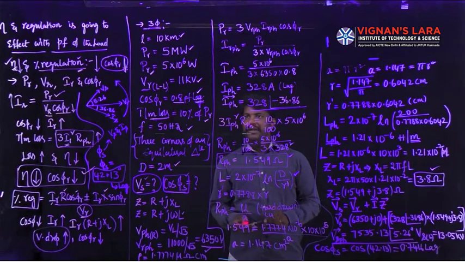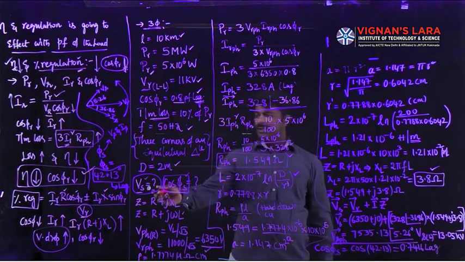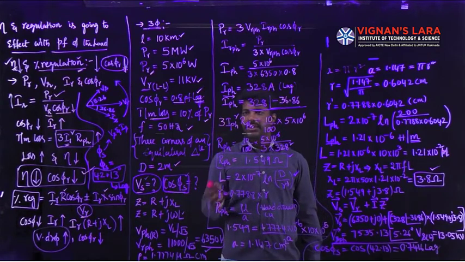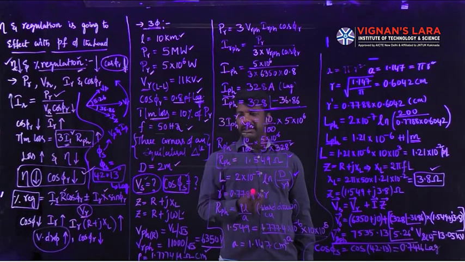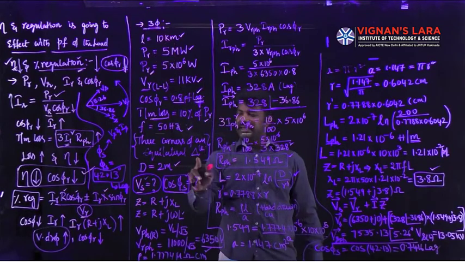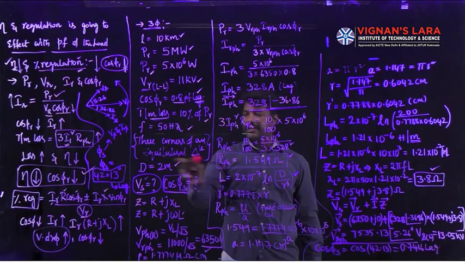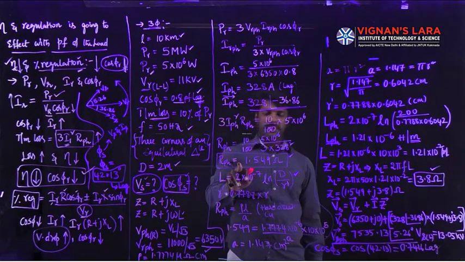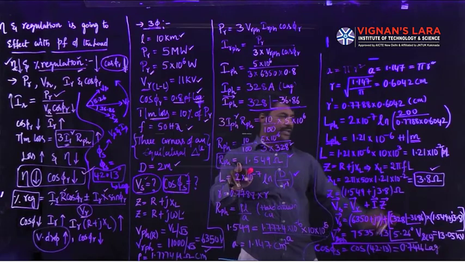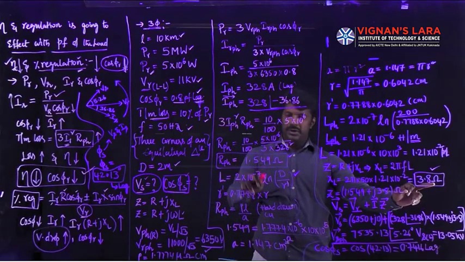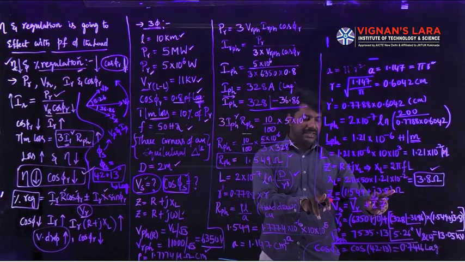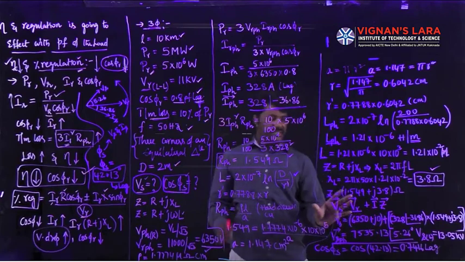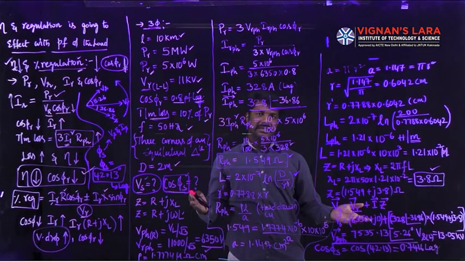So with this we completed the problem, that is the calculation of Vs as well as cos phi s. In overall conclusion, if you summarize this problem, it is a three-phase transmission line with three conductors placed at the corners of an equilateral triangle with a side of 2 meters, having a resistance of 1.549 and inductive reactance of 3.8 ohms. Because of this impedance, there is a drop. Because of this drop, the voltage deviation happens between the sending end side and the receiving end side.